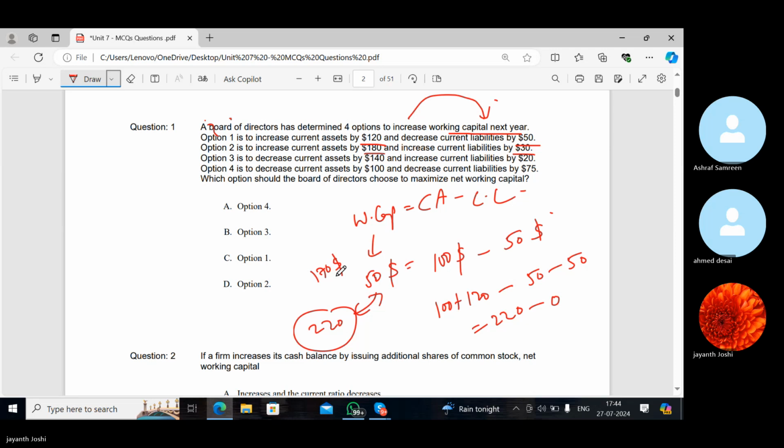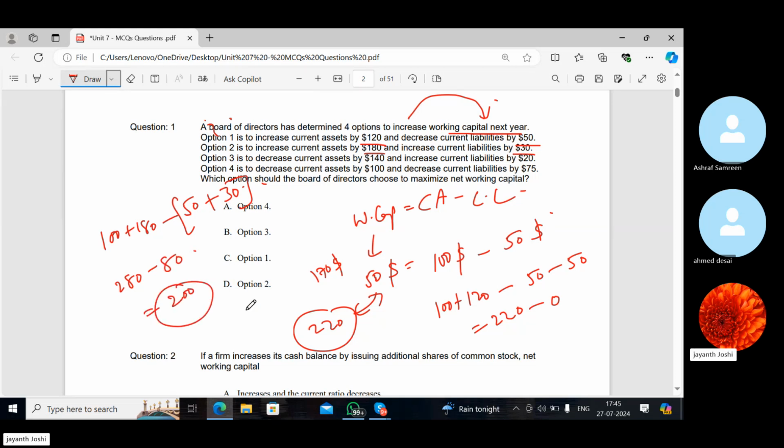Yes, sir. Second option, increase the current assets by 180. So 100 plus 180 and decrease the current liabilities by 30. Sorry, 50 minus 30. 280 minus 80 is how much? 200.